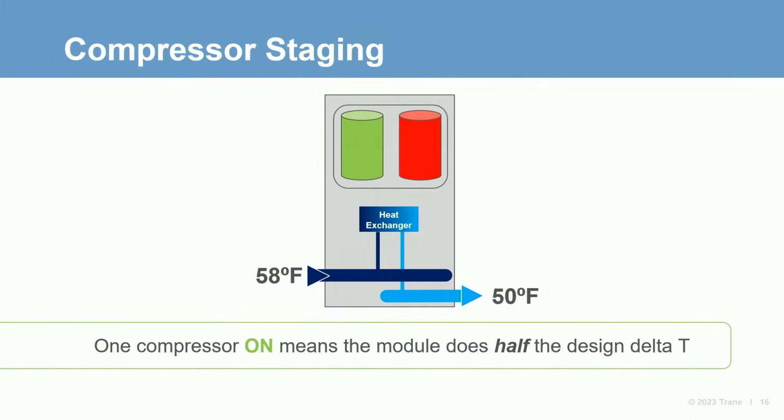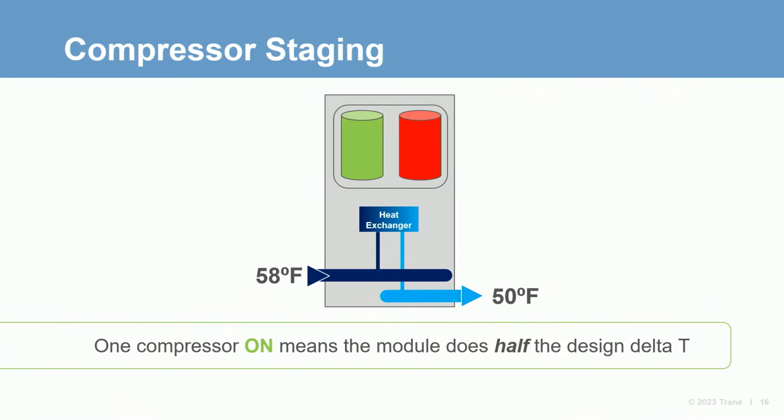When a system does not require full capacity, the return temperature back to the chiller may be less than the design entering temperature of 60 degrees. As entering temperatures to a modular chiller decrease, the primary controller will stage off compressors to achieve part load operation.